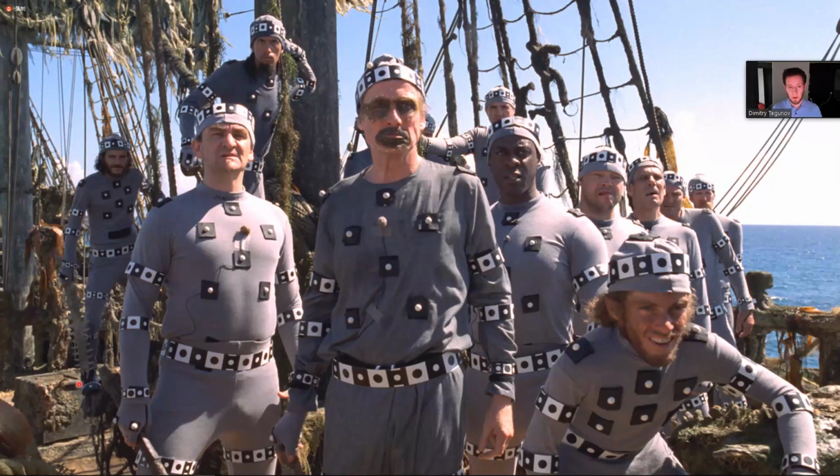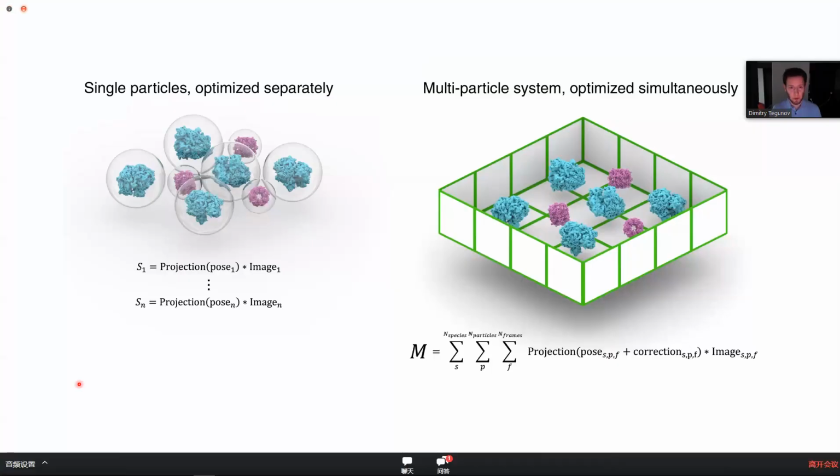And so the way M makes use of this is this. One of the main assumptions behind single particle average is that, in fact, we treat each particle as a single particle in isolation, and then we run its own tiny optimization for every single particle, and then we average them using those optimized parameters.